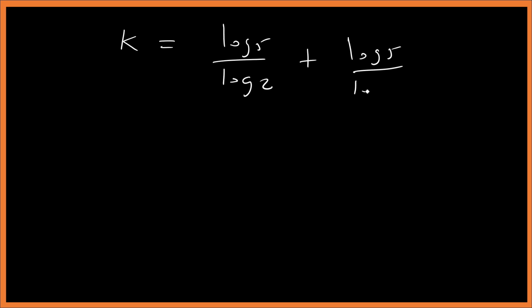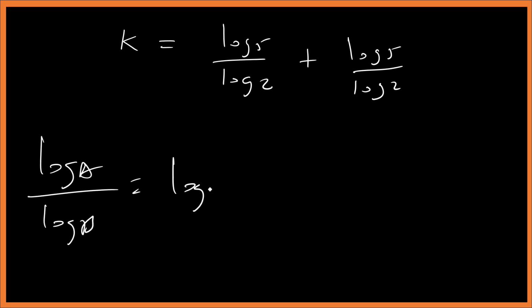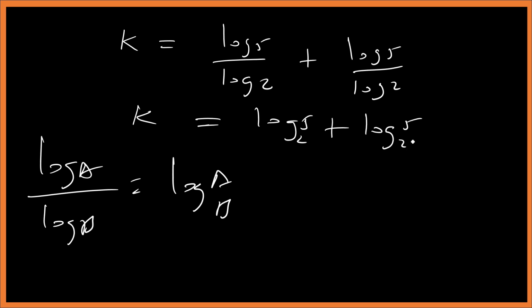So my k will be log 5 over log 2 plus log 5 over log 2. So when we're given log A over log B, it's the same as log A to base B. So this side will be log 5 to base 2 plus log 5 to base 2.